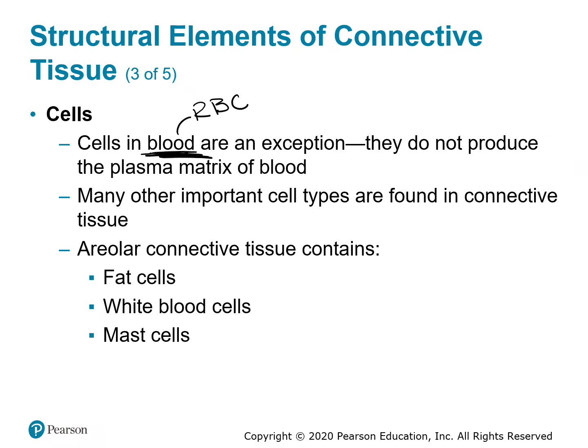Areolar connective tissue will have fat cells, white blood cells, some mast cells, and most of these are immunity stuff. Mast cells are actually histamine, but we'll get there later.